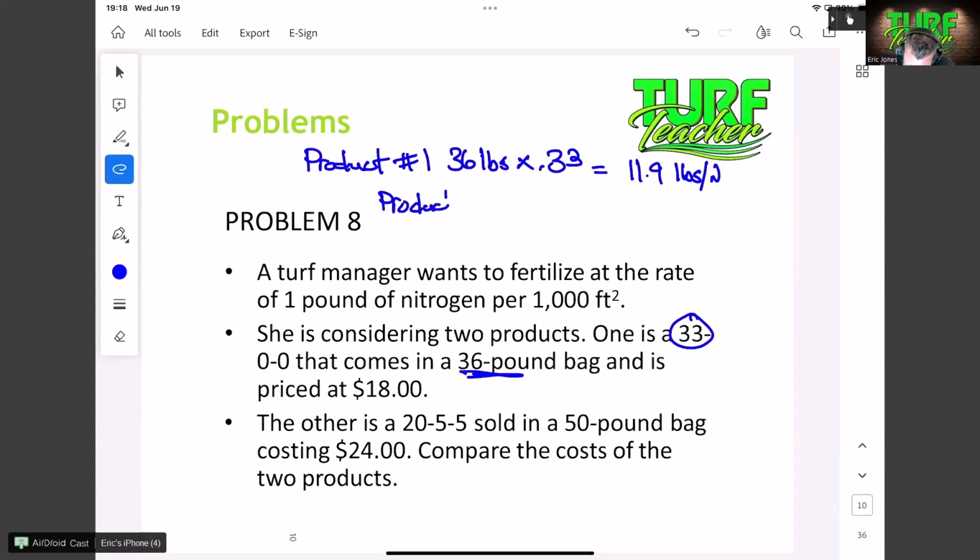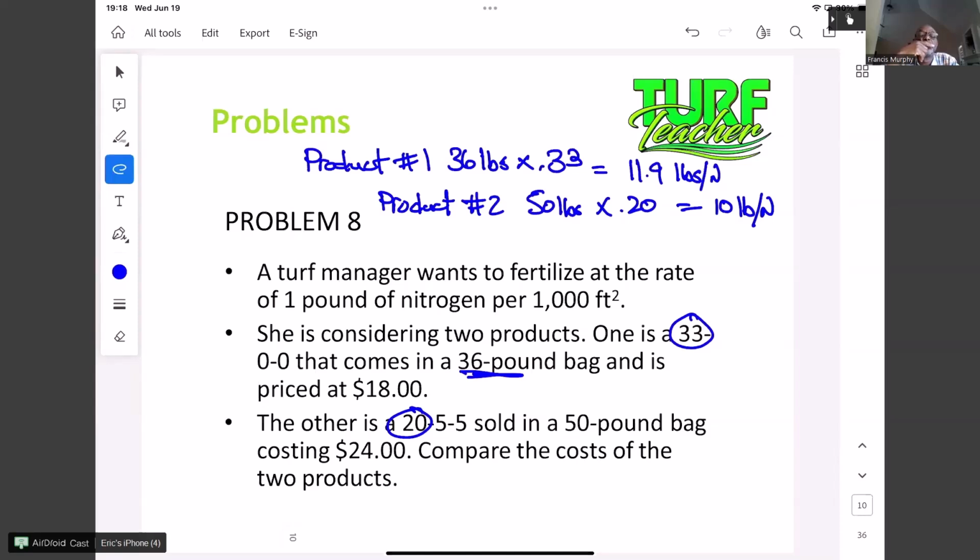Product 2 is basically the 50-pound bag times 20%, gives us 10 pounds of nitrogen.